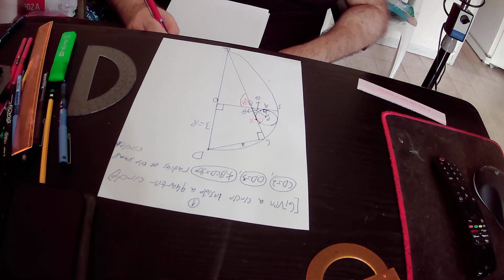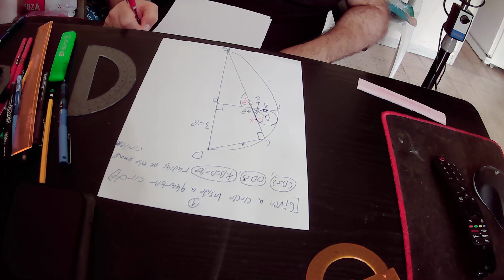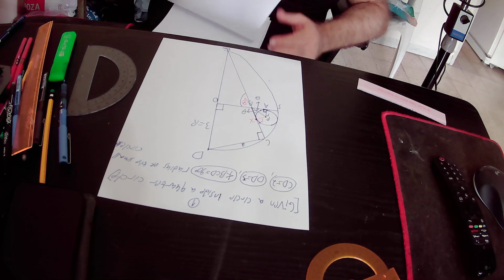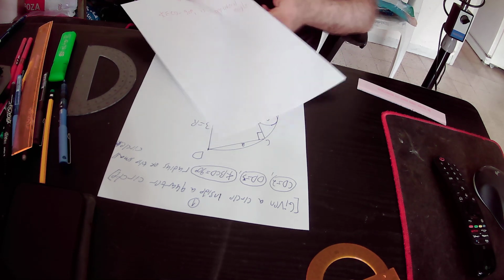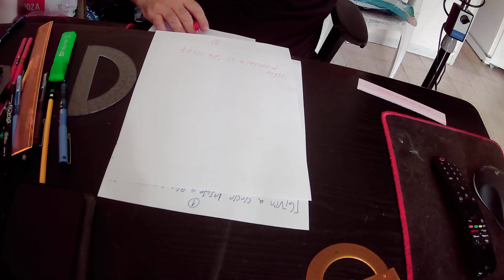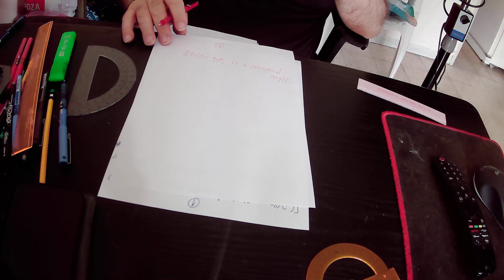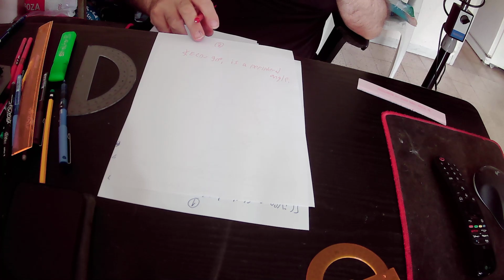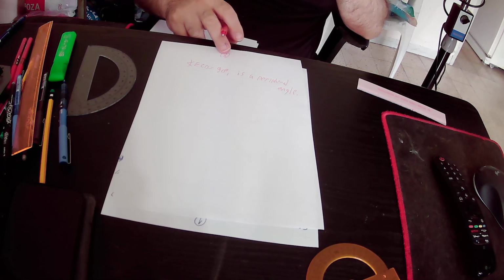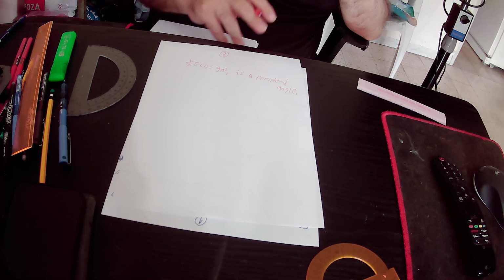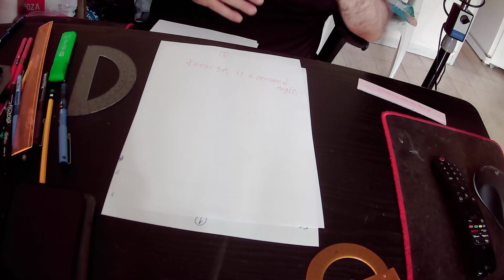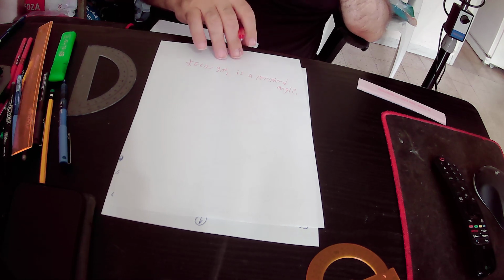Angle ECD that equals 90 degrees is a peripheral angle because it is located inside the quarter circle.